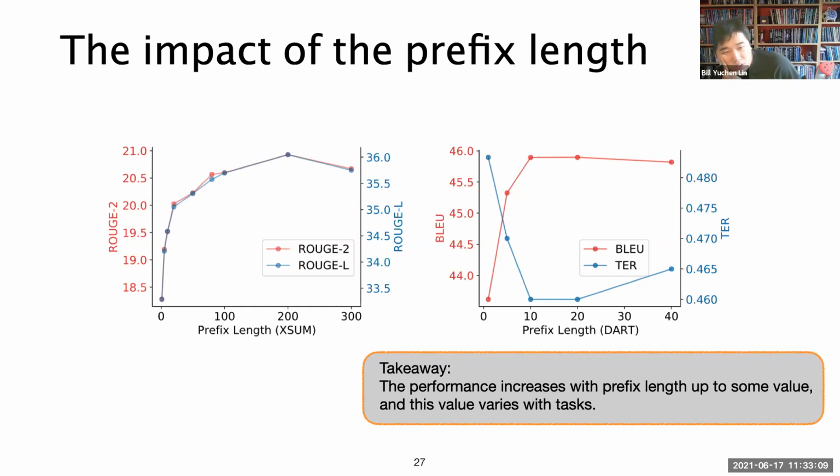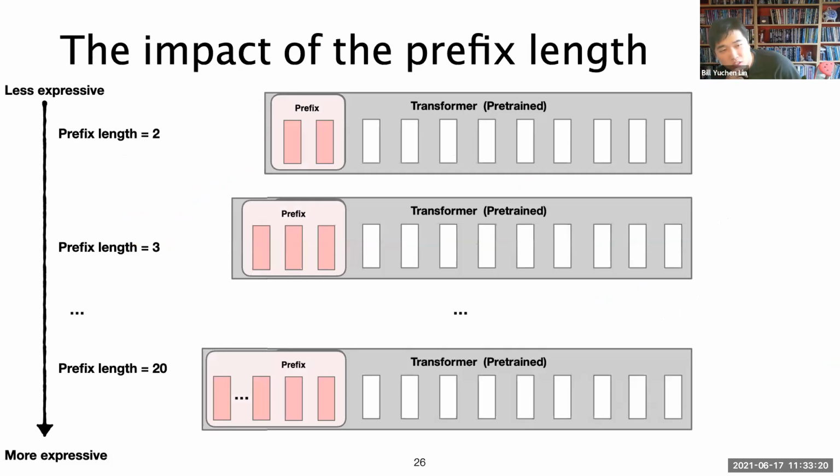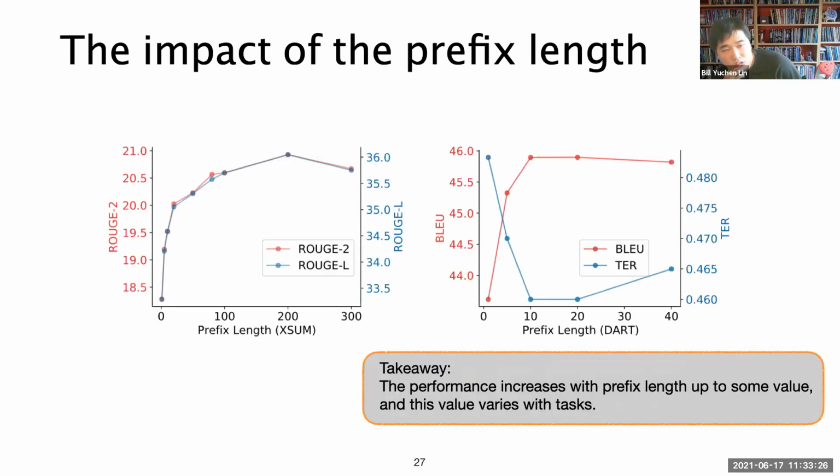Hi, Lisa. I have another question about the number of prefix tokens. When in the previous slides you said 0.1% of parameters, how many prefix tokens were you using? I think 5 to 10 would both fall into the 0.1% parameters.